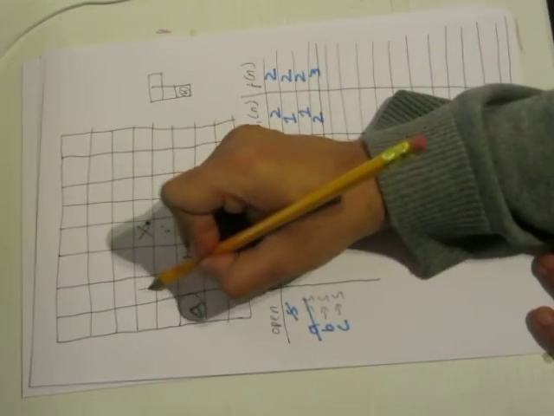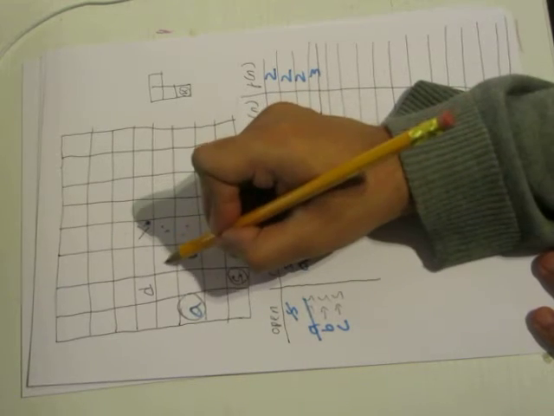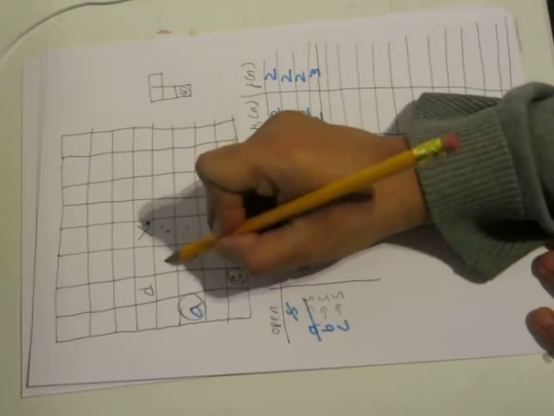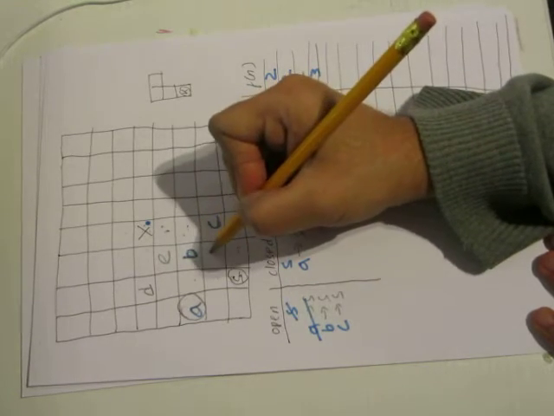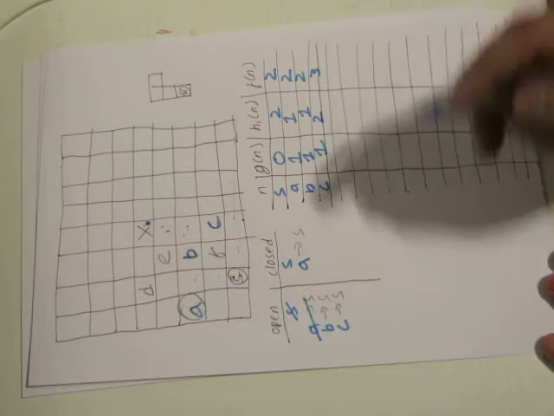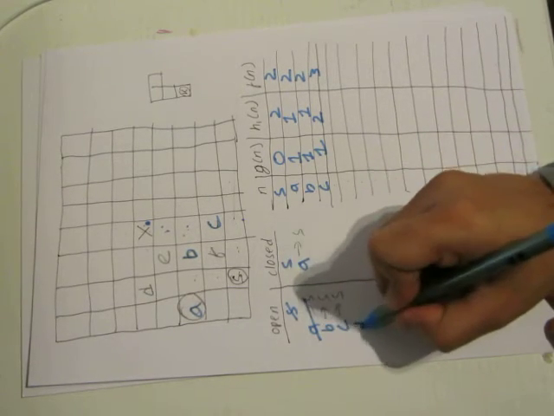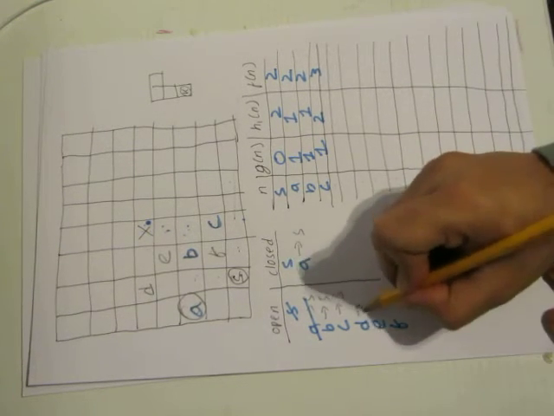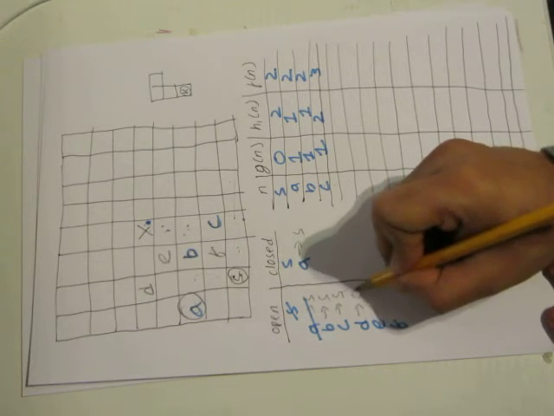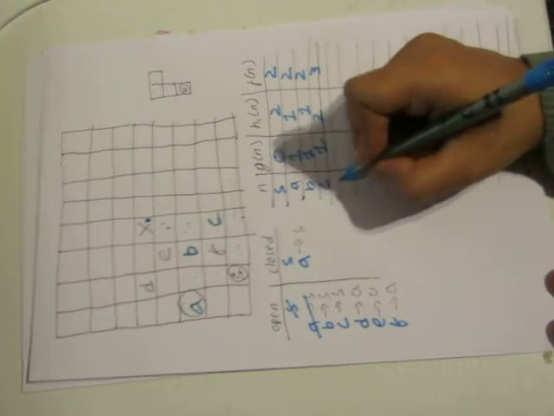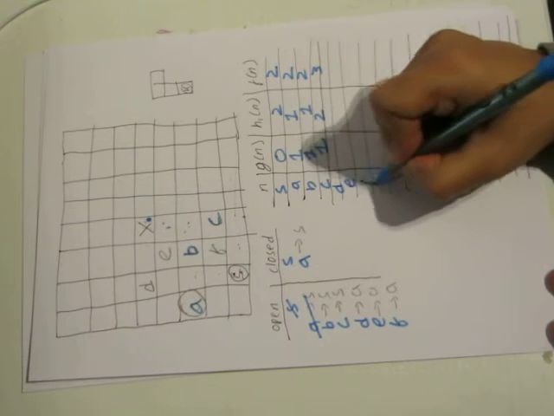From a we can go to here or here. Then we put those nodes into the open list, that is d, e, f, and they are again pointing to the node a because they came from a, and we calculate the values for d, e, f.